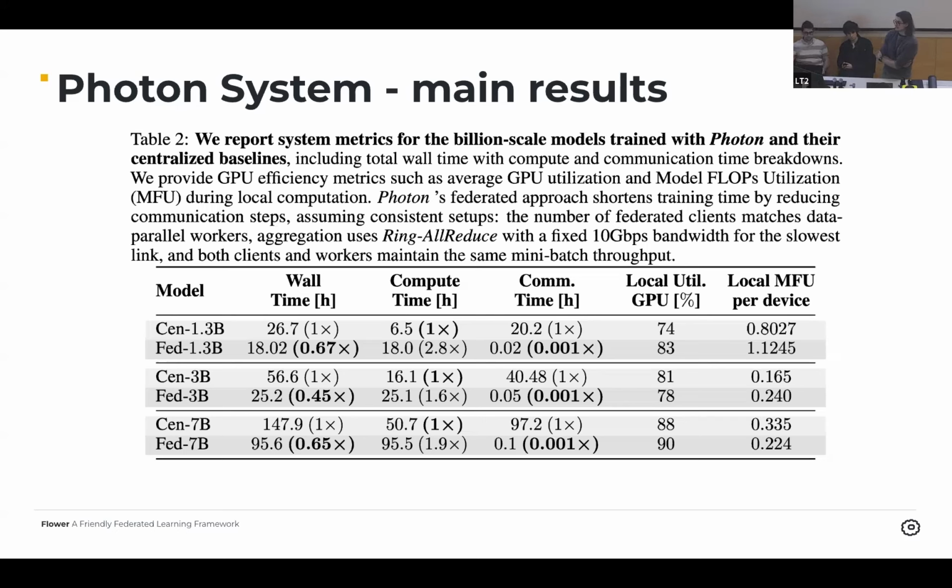proposing here is meant to put federated learning and centralized learning on par in terms of the resources they can use. So they have been using the same hardware, the same number of GPUs in the same connection, in the same topology of connectivity.